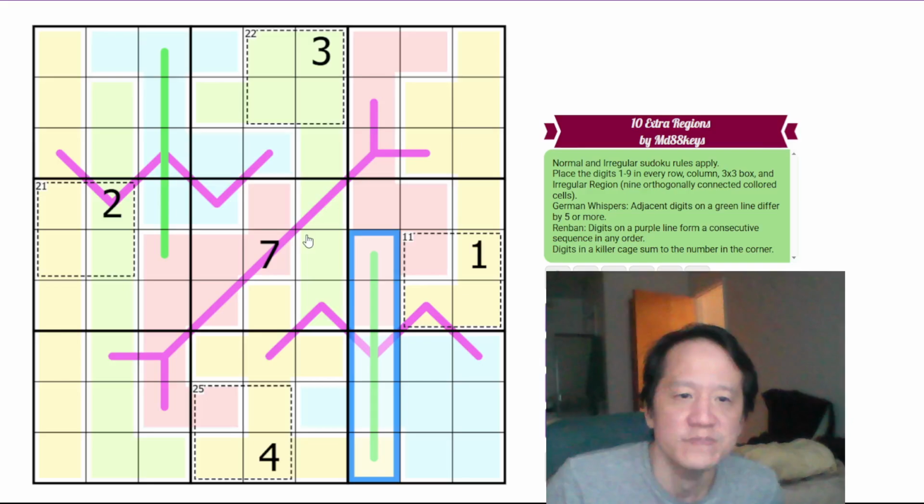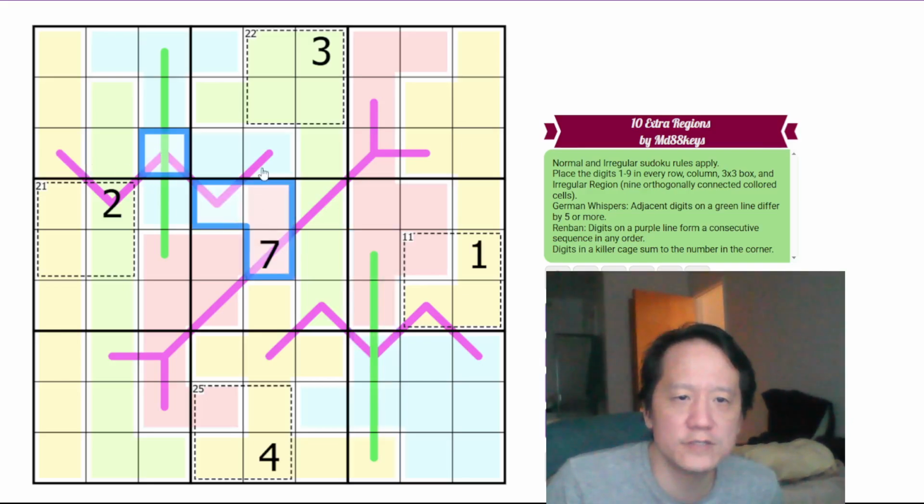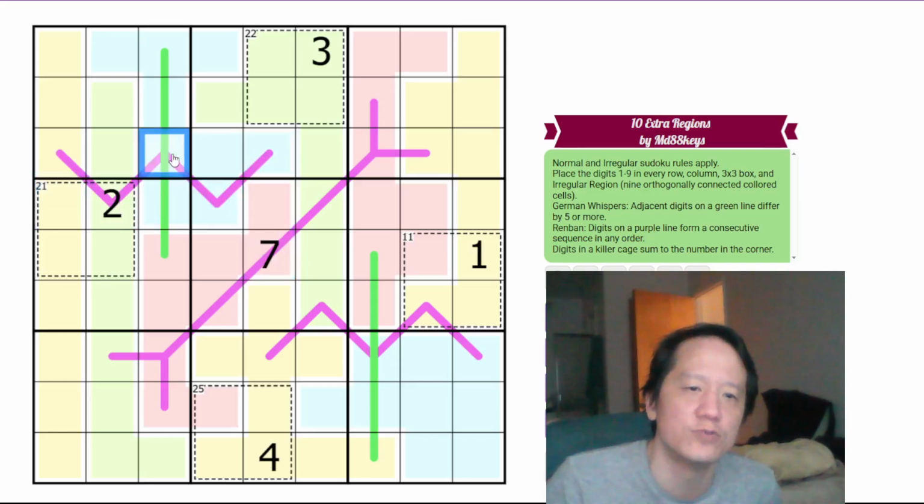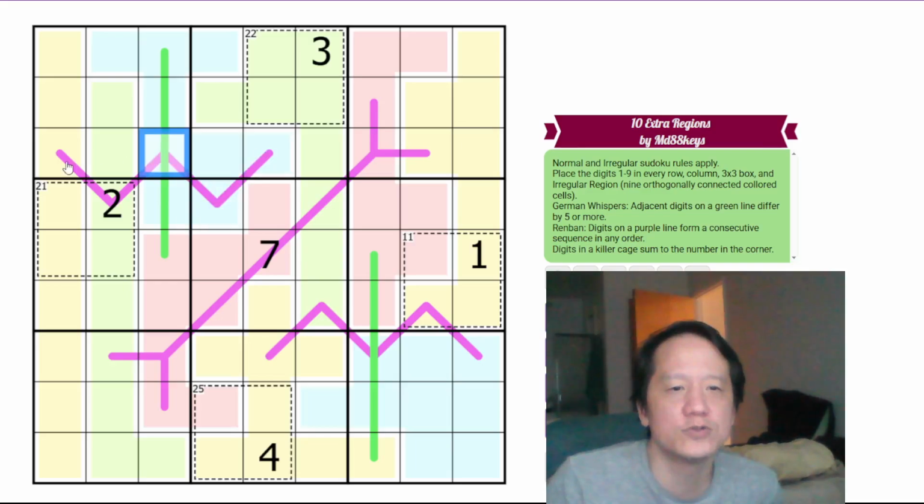Okay. So on this Renban, you cannot have 1, 2, 1, 2, 1, 2, because you would have to have 3 1s there, and it's not possible to have 3 1s. You can have at most 1 repeat.